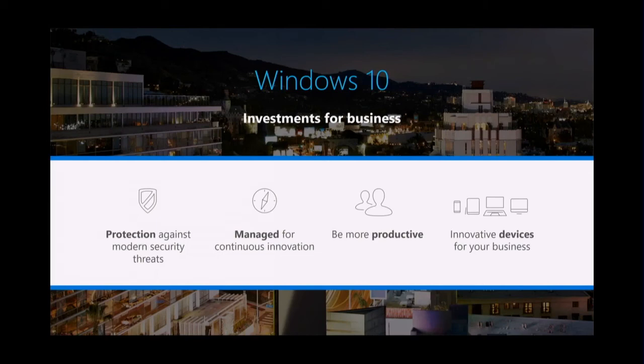We talk about the world of deployment and management and how we've moved that forward with Windows 10. And then we talk about productivity enhancements and making our users more productive and the work we've done in that space. And finally, we talk about the new world of hardware and what devices are actually enabling today. So these are the 4 areas we'll look at and explore a bit more deeply now. Let's start with security.